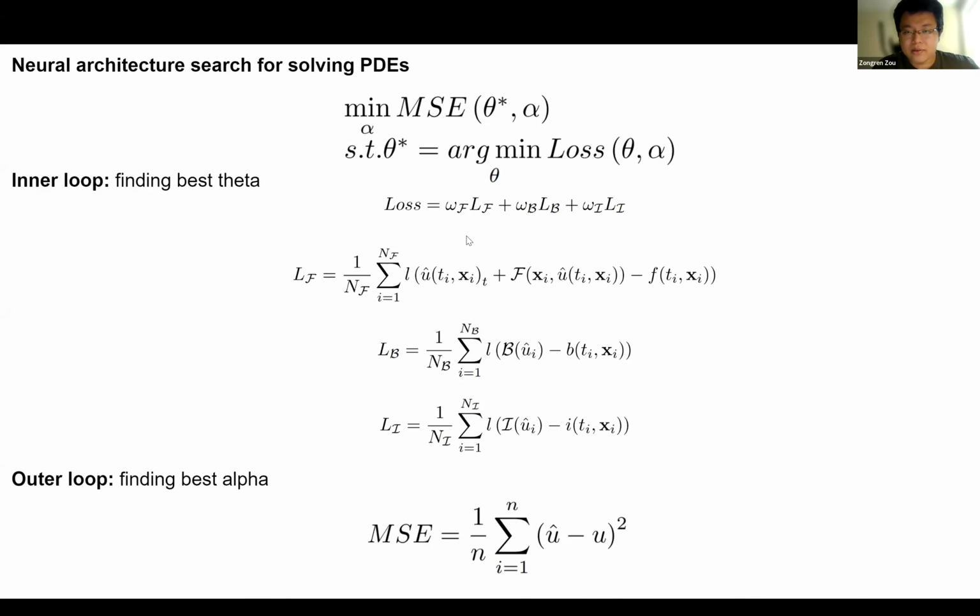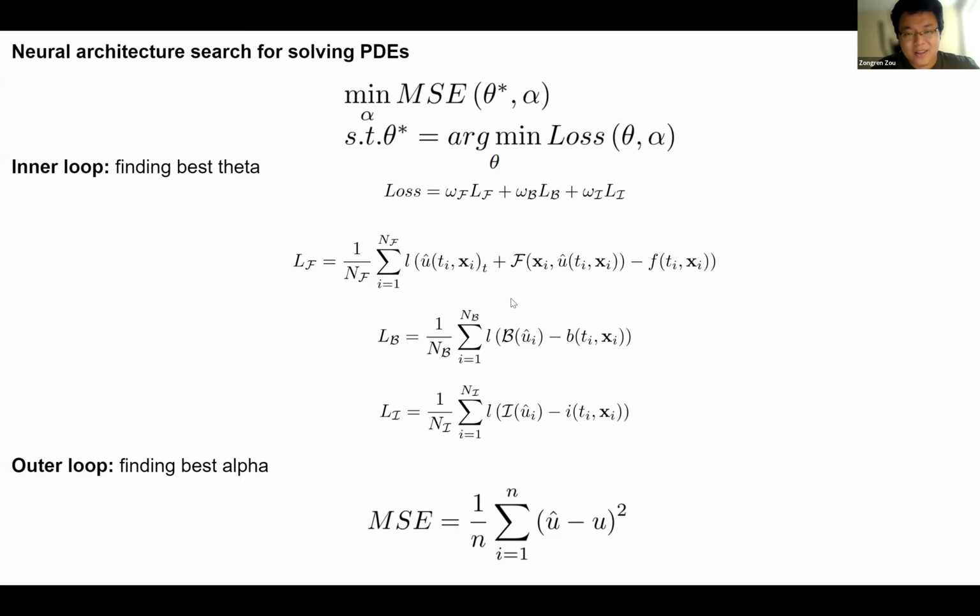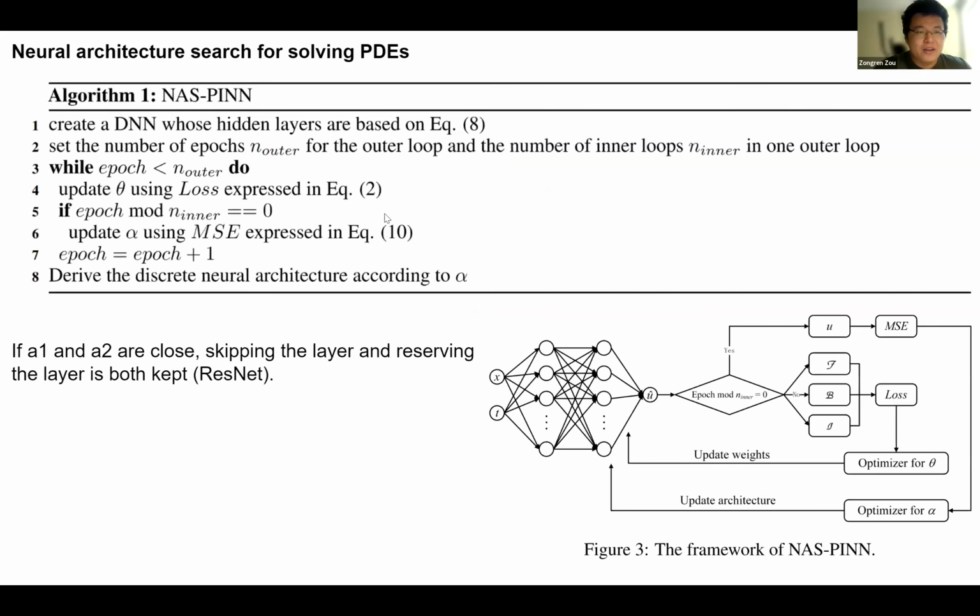For the inner loop, the loss function is the regular PINN loss. So you see this is the PDE loss, this is the boundary loss, this is the initial loss. And the outer loop is to find the best alpha, and the loss is the mean square error between the predicted U and the exact U. So I don't know if you realize the problem of this formulation. I'll discuss it later. So here is the algorithm of NAS-PINN, and it's similar to DARTS.